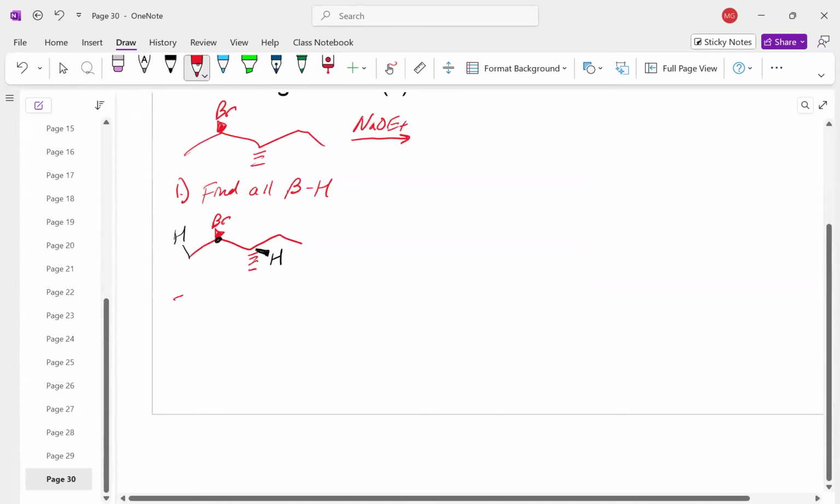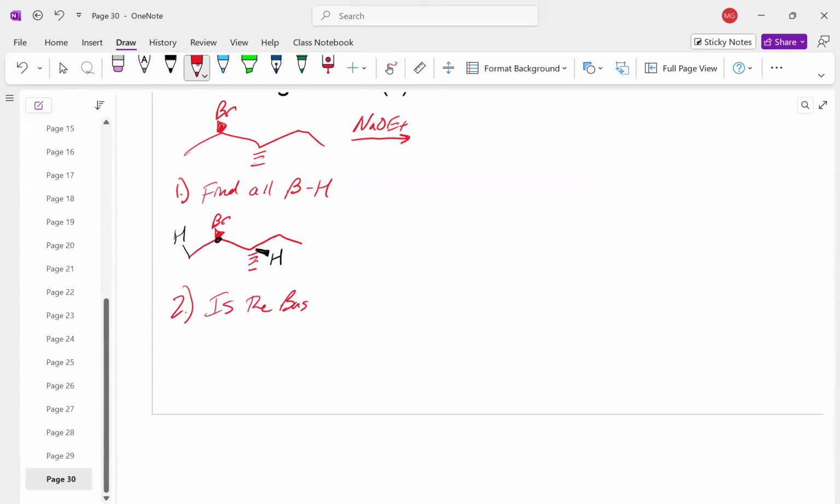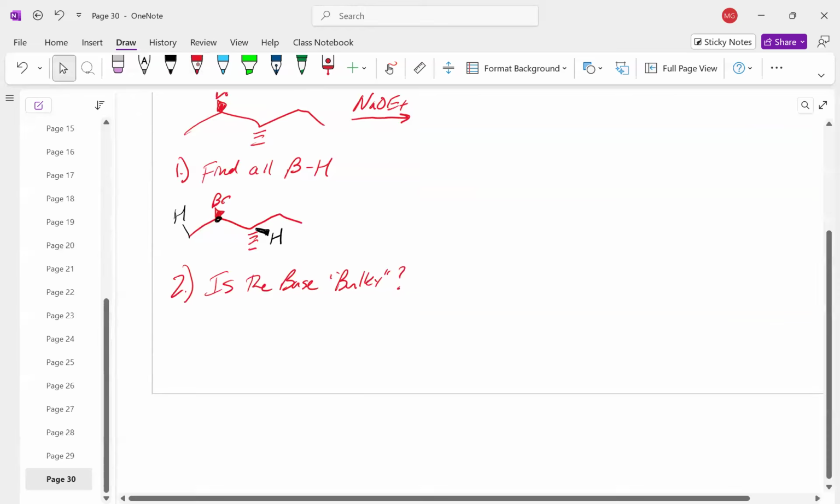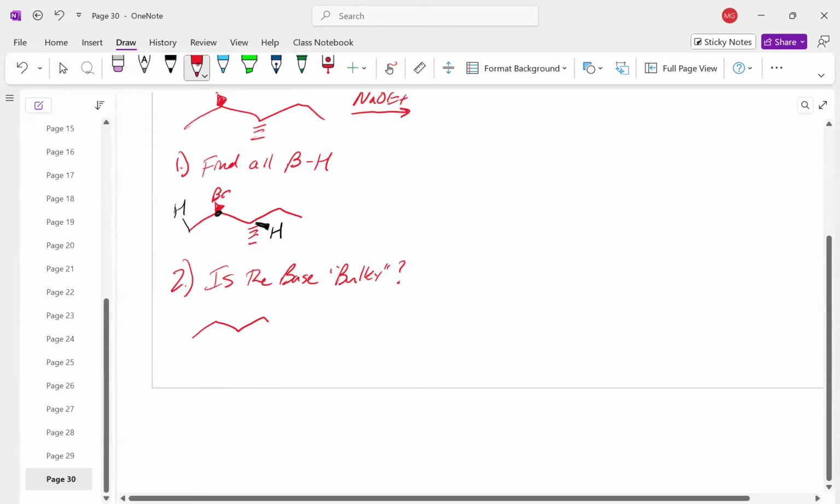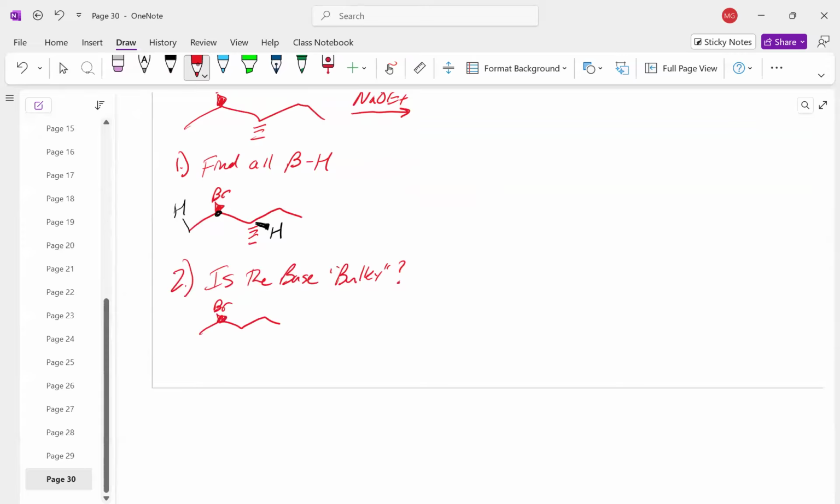Step two, ask yourself, is the base bulky? Is it sterically hindered? In this case, our base here is not on our list of bulky bases.